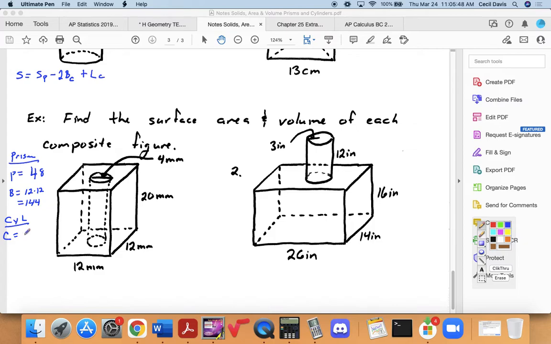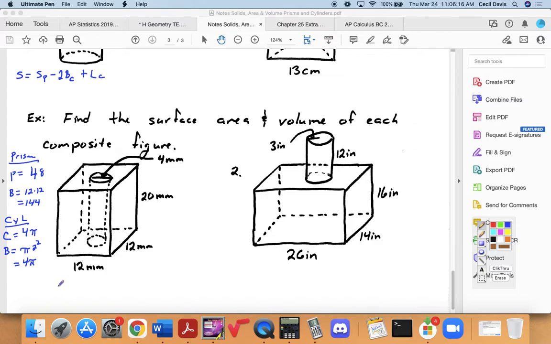Pi times the diameter, and the diameter is 4, so this is 4 pi. What about the area of the base? Pi times 2 squared, so it's also 4 pi. Okay?